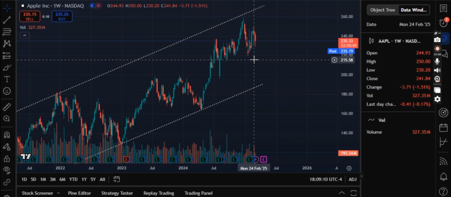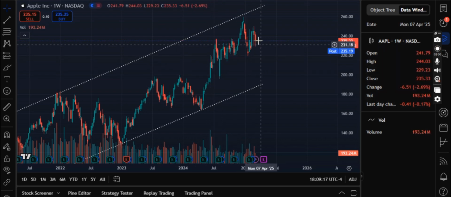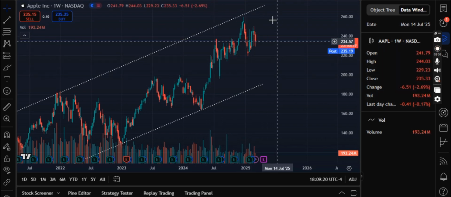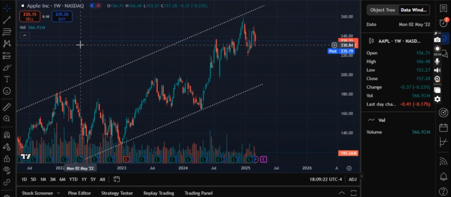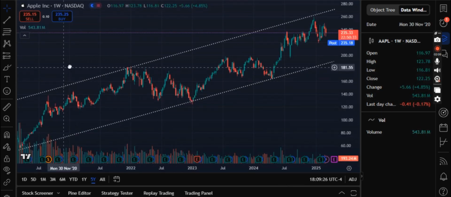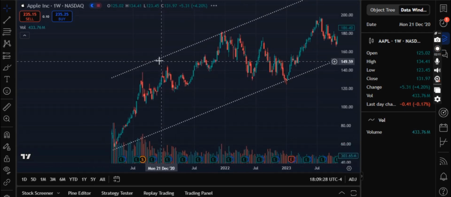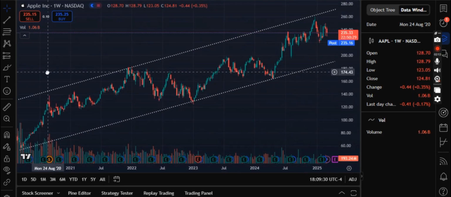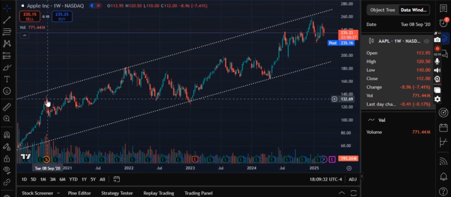So what the trend line does, folks, it indicates to us basically the lowest that the market could go or the highest that it could go because of the history.